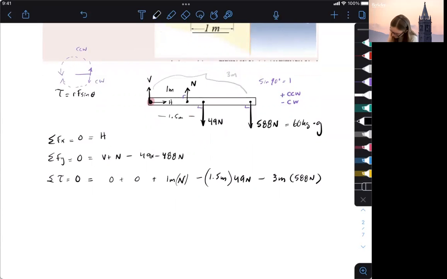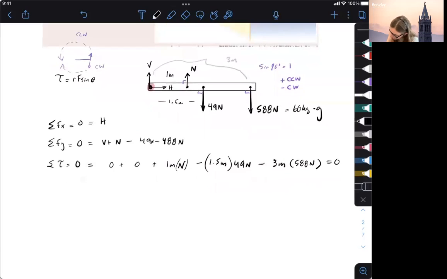The only unknown in this equation is N, and we set the sum equal to 0. Because N is our only unknown, it should be pretty straightforward. You plug it into a calculator, and N would be equal to 1837.5 newtons.